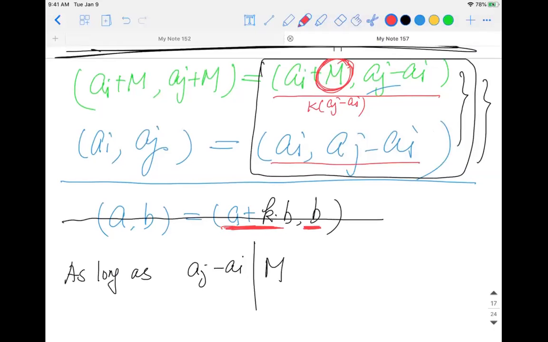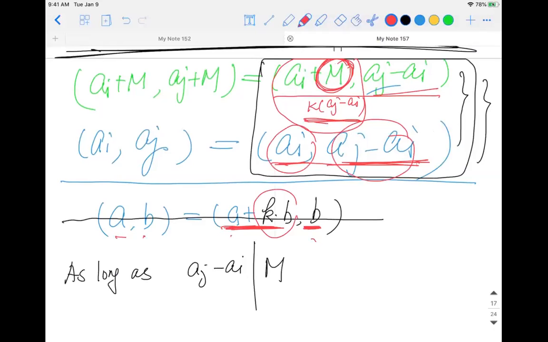Do you agree with me? If m is equal to k times AJ minus AI, this is another instance of the Euclidean algorithm: the greatest common divisor of A, B equals that of A plus KB and B.